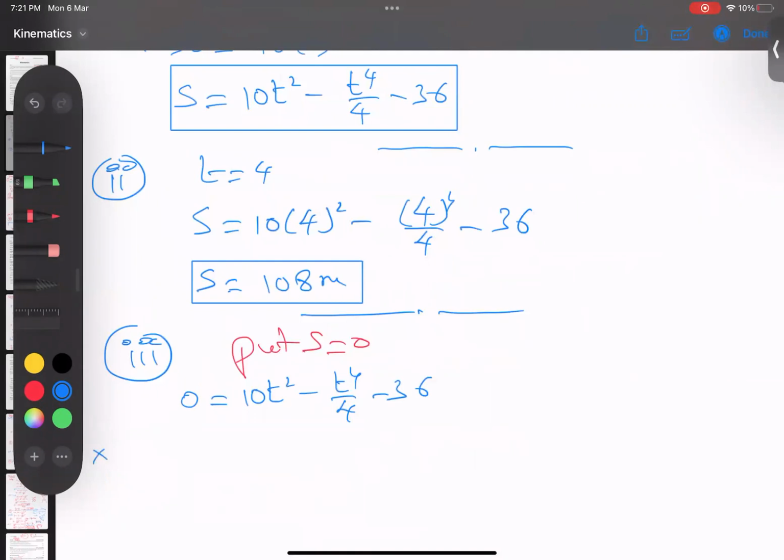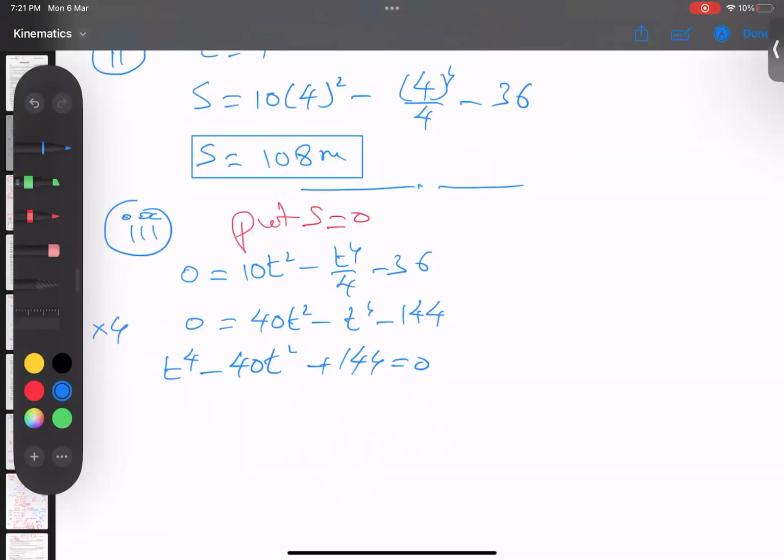First of all, I multiply by 4 because this 4 is disturbing. So 0 equals 40t to the power 2 minus t to the power 4, minus 144. I bring everything to the left-hand side: t to the power 4 positive, 40t squared negative, and this becomes plus 144.